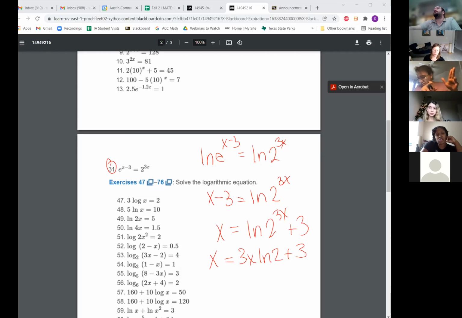How did you move it? You said you moved it all to one side. How? Because that's what the class is stuck on right now. I put all the terms in one, like we have x and x. But how did you move it to the left? What operation did you do? Did you multiply to move it to the left? Did you divide? Subtract. You subtracted. Okay, subtracted. Does everyone see that?